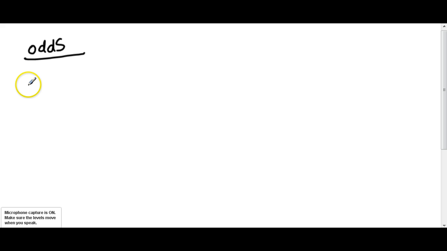Well, let's say we're going to roll a dice. Okay, let's take a standard 6-sided dice with the numbers 1 to 6, any game board dice. And we know that there's 6 numbers on it, 1, 2, 3, 4, 5, 6.